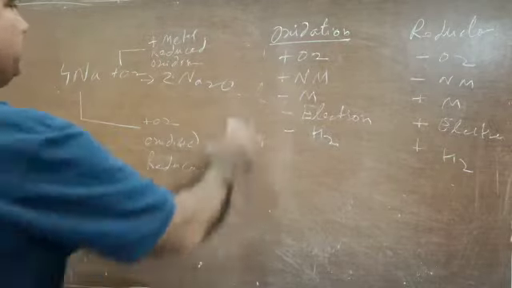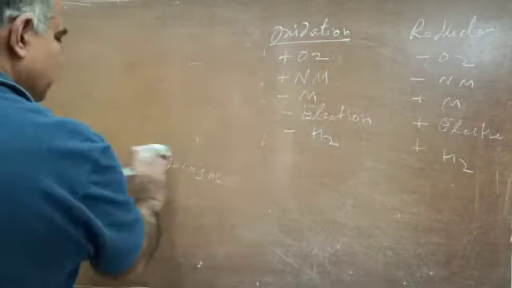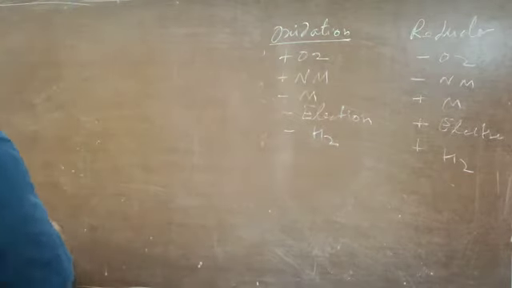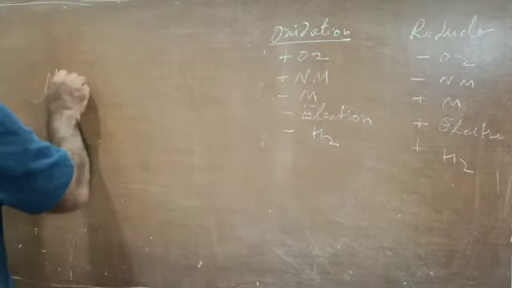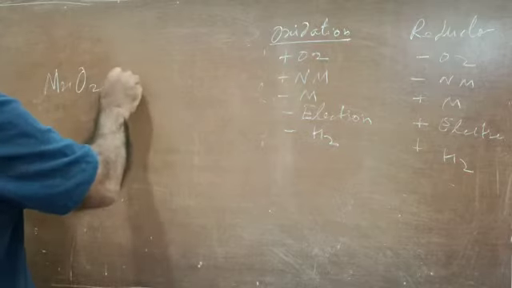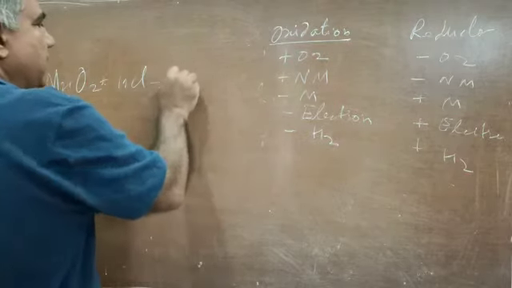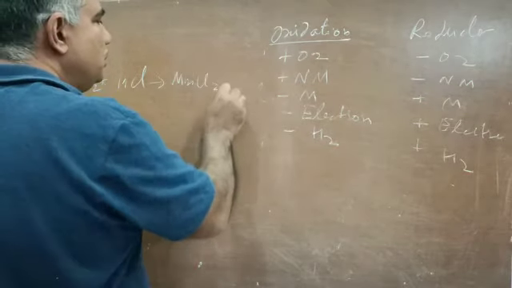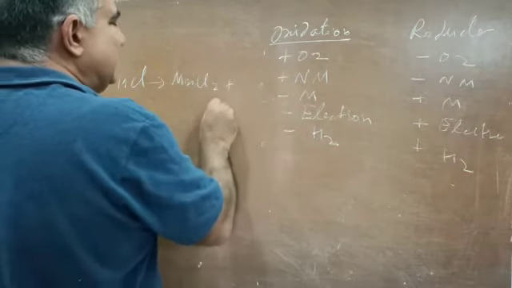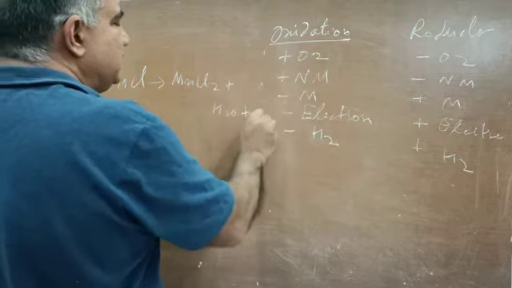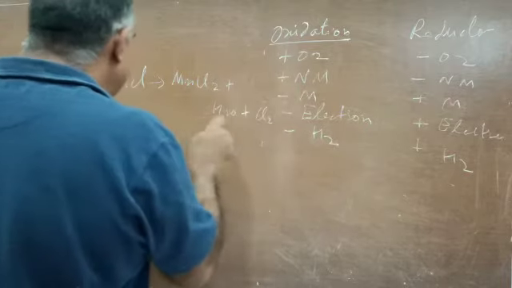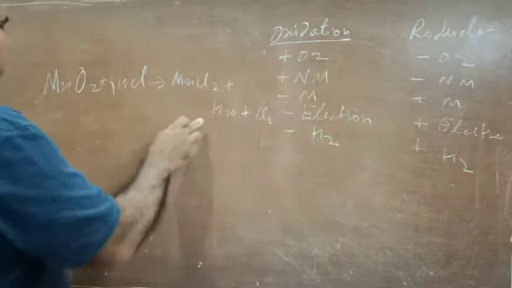Now yet another example that I want to tell you is this. We will take manganese dioxide, MnO2, plus HCl, and this will make MnCl2 plus H2O and plus Cl2.